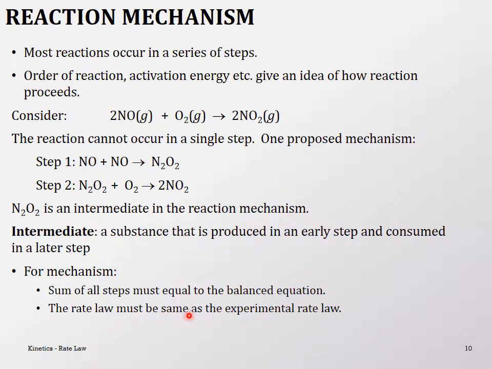The rate law that we come out with must be the same as the experimental rate law, which means we should be able to use the molecules that affect the rate of reaction by way of order of reaction. Like I said before, with this one being 0 order, it's not taking part in the mechanism, hypothetically. So the rate law must be the same as the experimental rate law, which means the mechanism should reflect that.